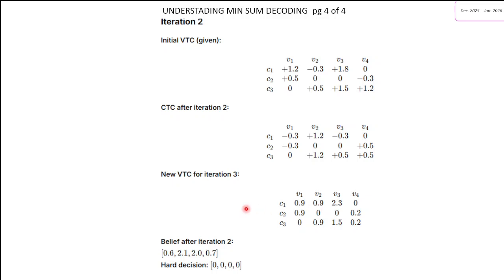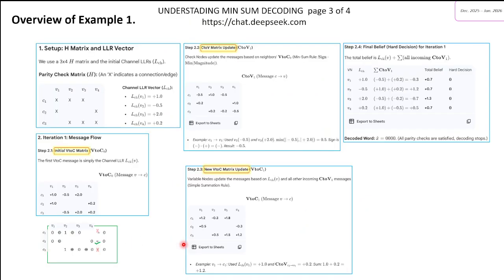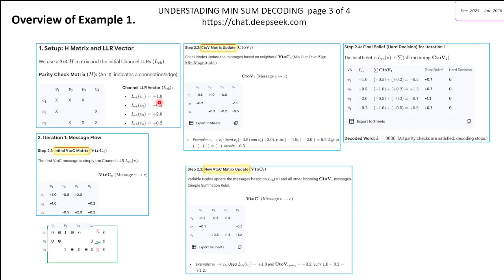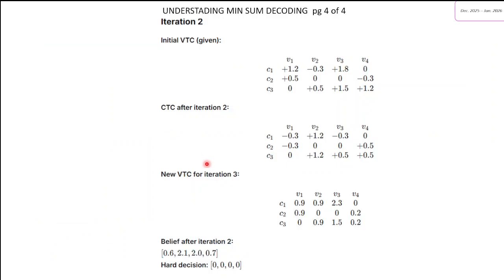Let us check them, and when we want to give the final belief hard decision, we will use this matrix and the initial LLRs. So the initial LLRs should be like this.